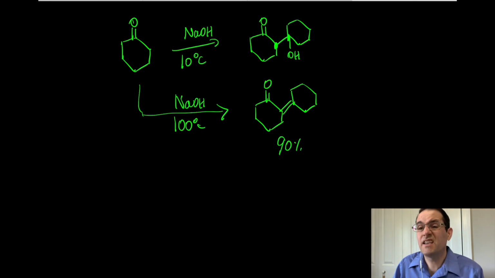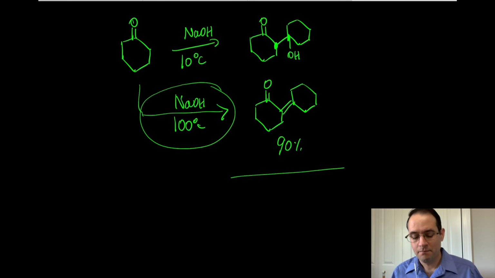Okay, why is it so high? Because it's irreversible. Once you blast off water, it can't come back readily to react with your alpha beta unsaturated product. It stops there. Remember, when you have more double bonds next to each other, we call that molecule conjugated. There's more resonance stabilization, so that's a more stable product, okay?